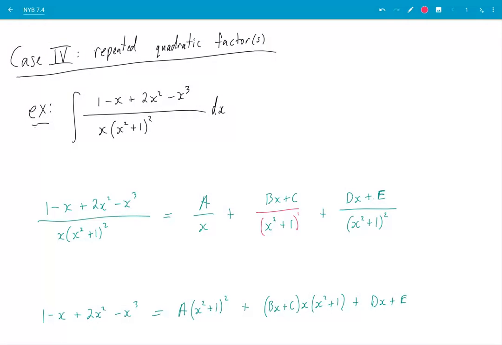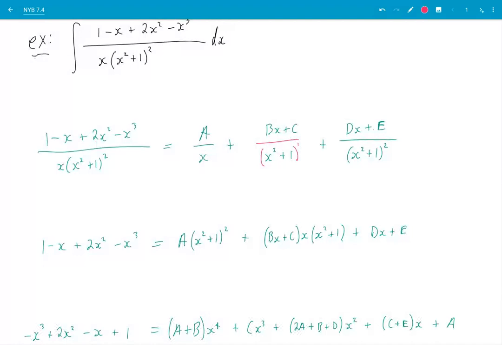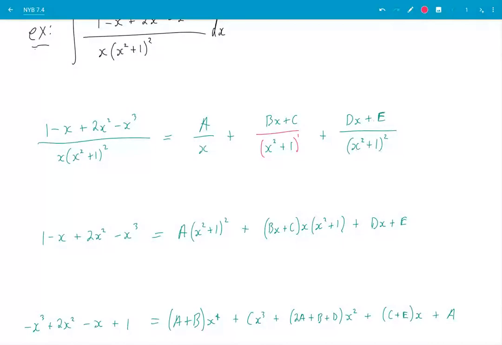Okay, so multiplying both sides by the denominator here will give me this nice looking thing. And then you're going to have to expand this lovely thing and collect like terms as we did before. So I'm not showing my work, but there you go. Now I'm going to equate coefficients again.